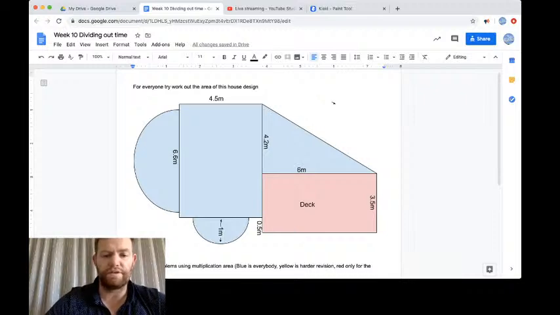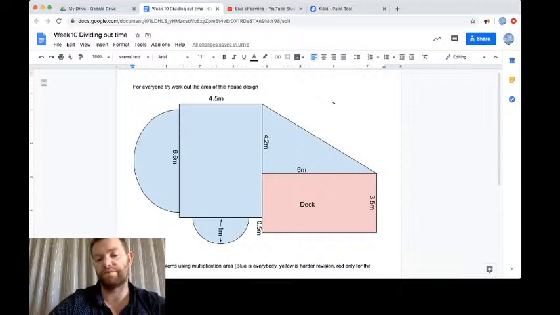To get the area of this square is pretty easy. You're going to get 4.5, and then you have to find the length of this side, because the length of this here is the inside length at 6.6. To find the length of this side, see how this is 3.5 here, and there's 0.5 there.